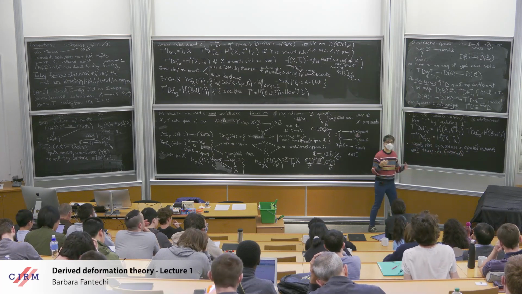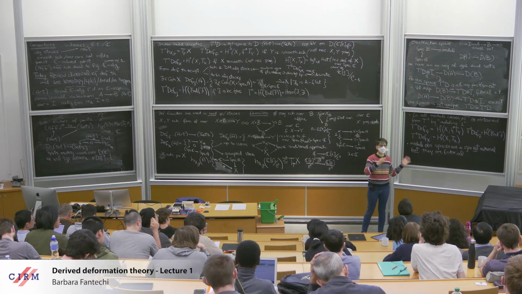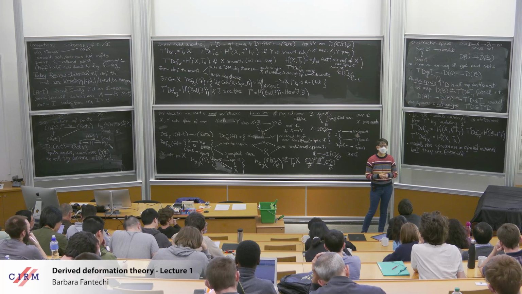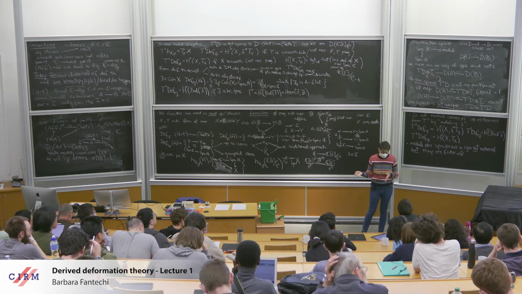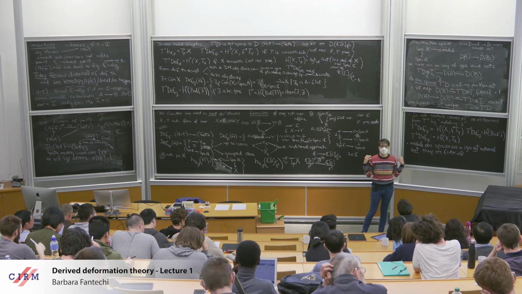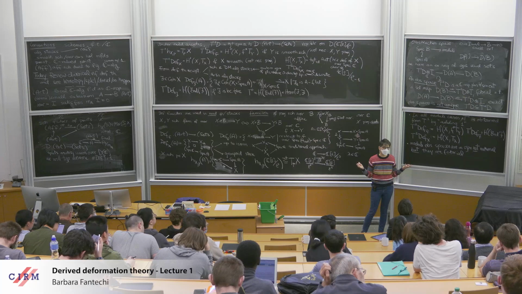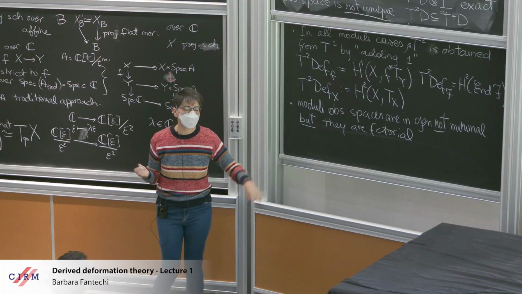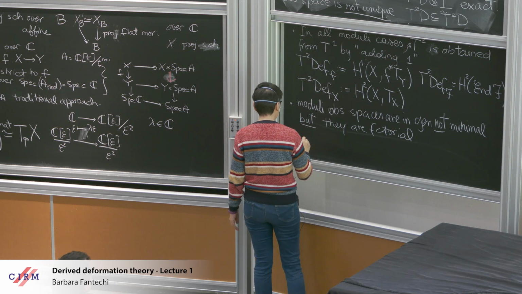So what do we mean by functorial? That if there is a way to associate to a family a different family, then there will be, of course, an induced map. It's a map of functors, so it will induce the map on the tangent spaces or of moduli spaces, but also on the obstructions. So let me make an example.